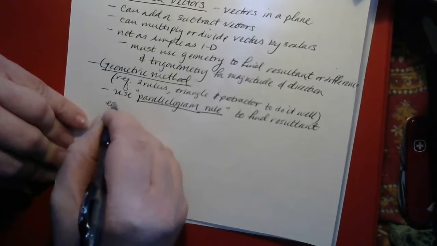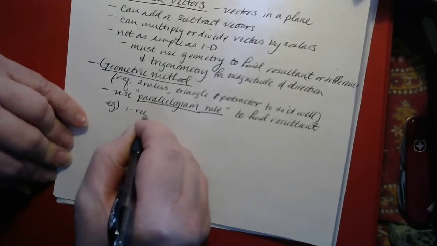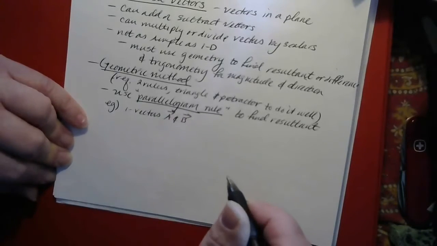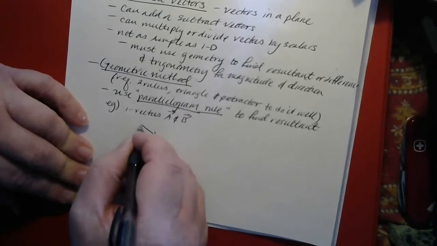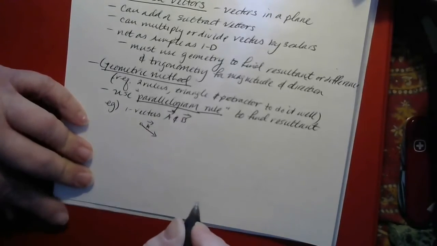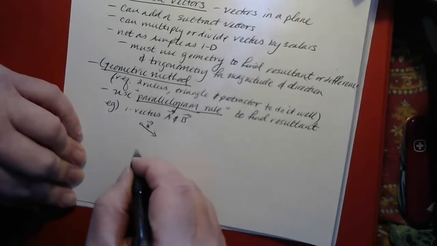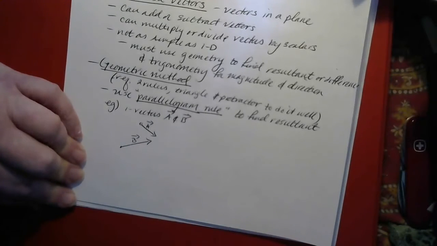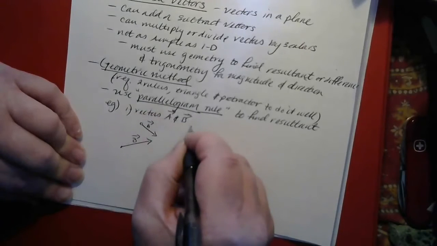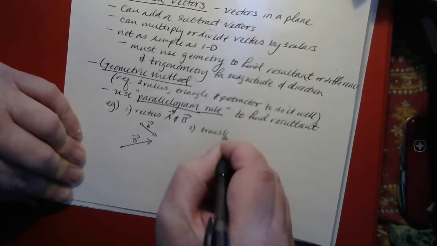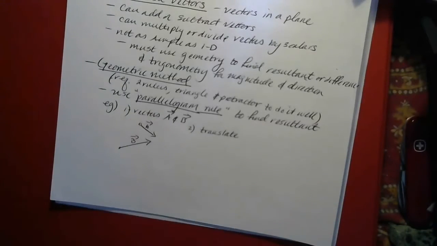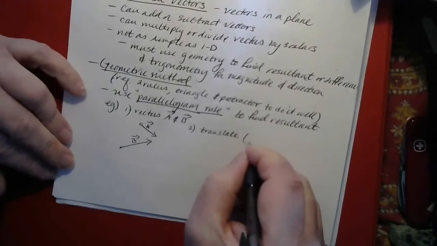So, for example, say you have vectors A and B, and vector A is of this magnitude and pointing in that direction, and vector B is of this magnitude and pointing in this direction. So what you want to do is translate either vector, that is, in other words, move it while maintaining its magnitude and orientation.